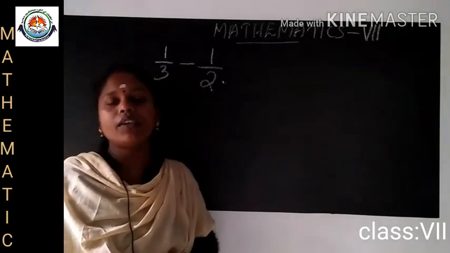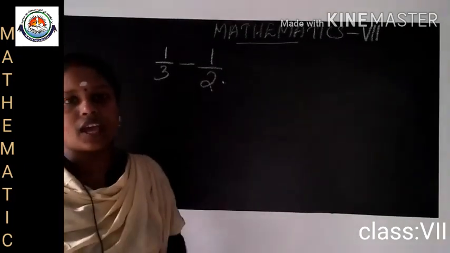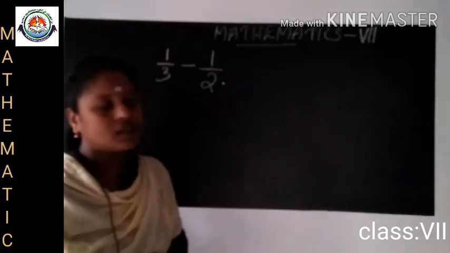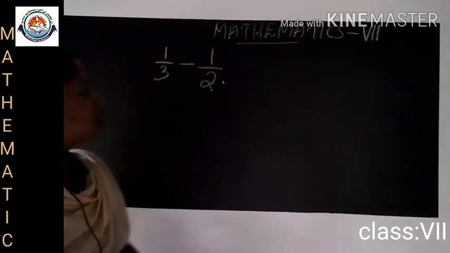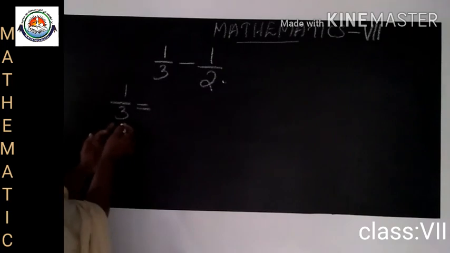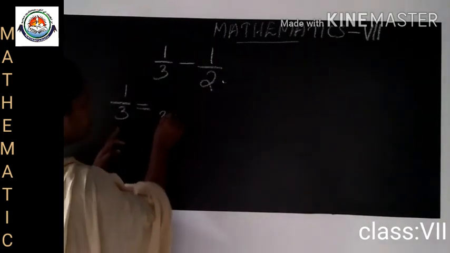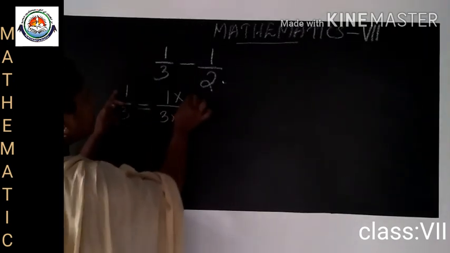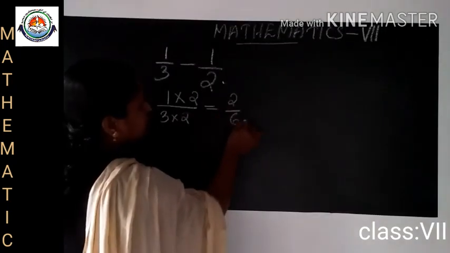So first of all we want to make them like fractions. We need to take the LCM of 3 and 2. What is the LCM of 3 and 2? It is 6. So we need to rewrite 1 by 3 by changing the 3 into 6. That means 3 into 2 is 6, so in the numerator also 1 into 2. Therefore it is 2 by 6.